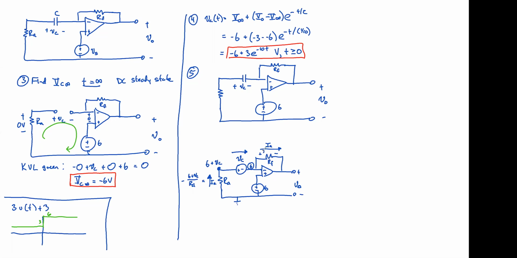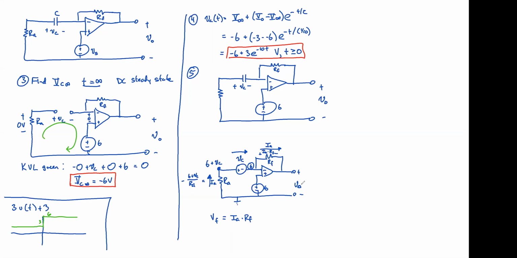It's equal to I sub A times R sub F by Ohm's law. So my V sub F, the voltage across that resistor, is equal to I sub A times R sub F by Ohm's law. And that's really close to V out.